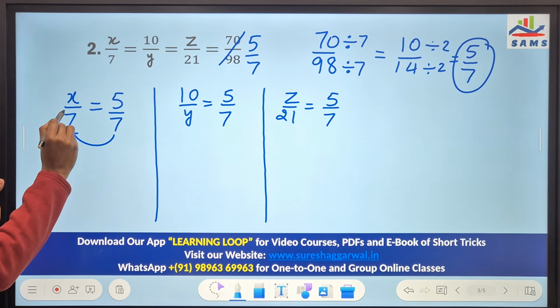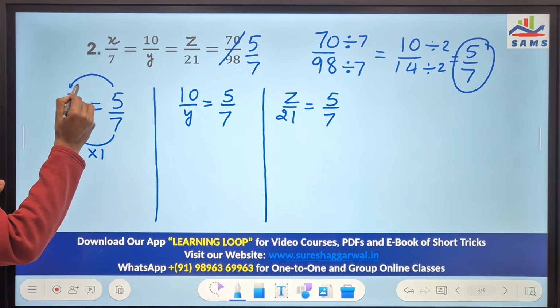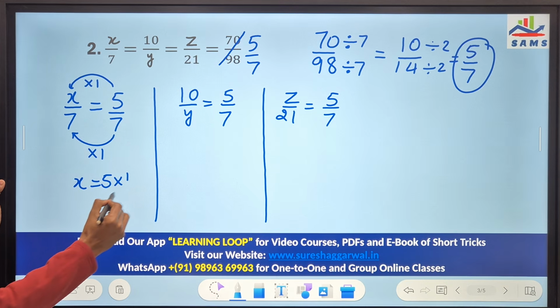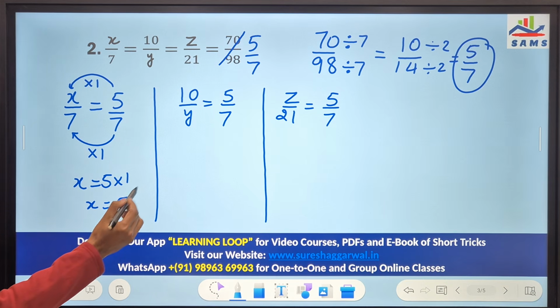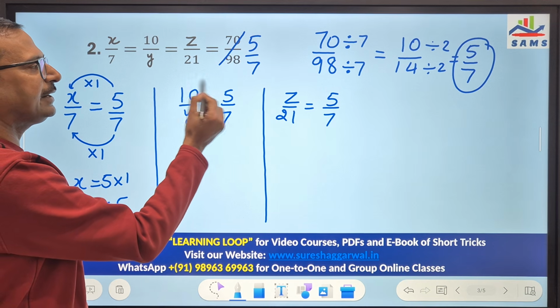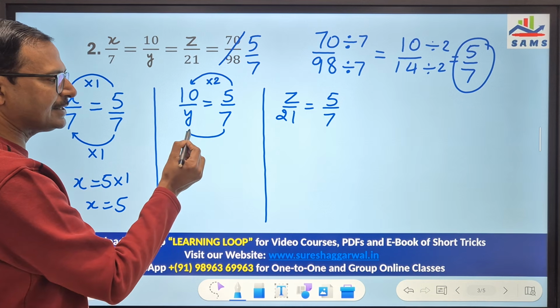So 7 creates 7 on multiplication by 1. So you have to multiply this by 1. So x is 5 into 1 and that is 5. So x is 5. Likewise, here we have the variable. So how did we obtain 10 from 5? Multiply by 2. So just multiply this by 2.